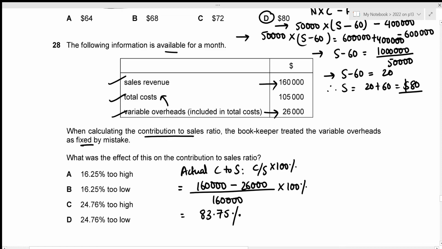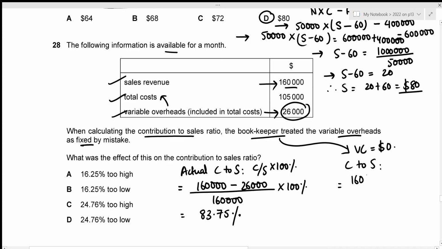Now let's talk about what the bookkeeper did. He treated the variable overheads as fixed, which means that this was also considered to be fixed, so variable cost was basically zero. Now the contribution to sales ratio according to this value will be our sales revenue of 160,000 minus the variable cost, which is zero in this case, divided by the sales value of 160,000 times 100%, and this gives our contribution to sales ratio to have the value of 100%.